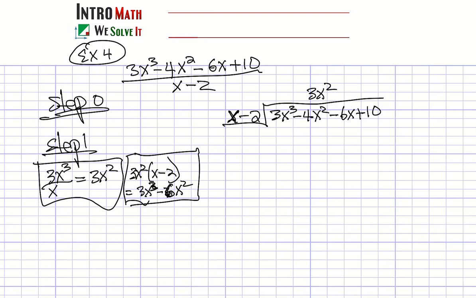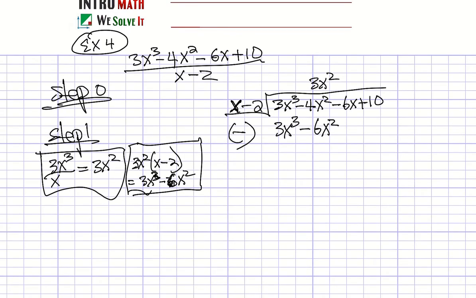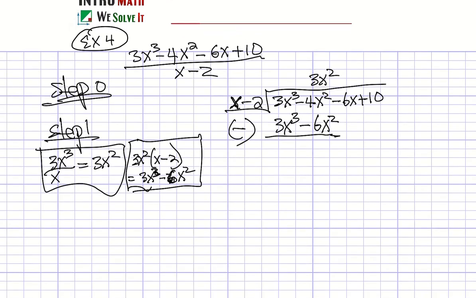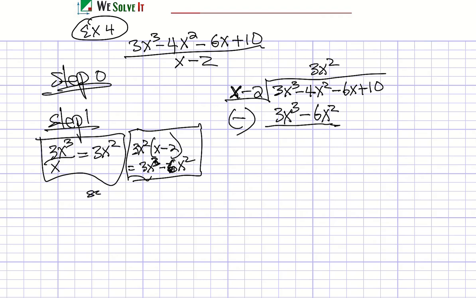So you take whatever you got, you put it here. 3x cubed minus 6x squared, and you subtract. You gotta subtract that. So subtract, bring stuff down. We'll subtract first. That cancels out. The first one always cancels out.